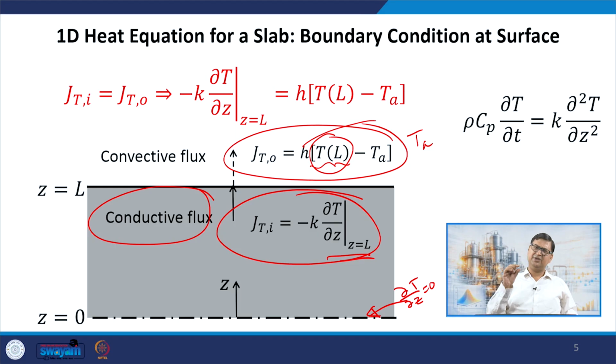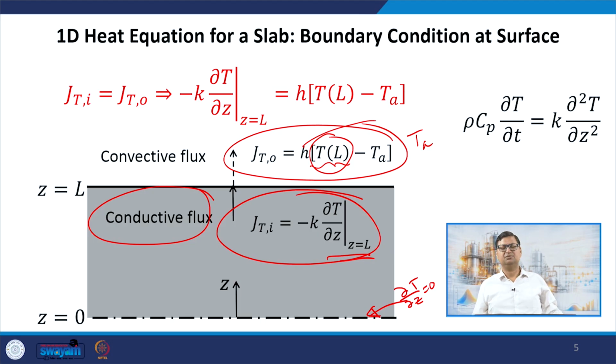So there is going to be a small region of influence near the slab, for which you will see the effect of the fact that the slab is hot, but far off from it the temperature is ambient. So let us say the bulk temperature is Ta and the surface temperature is, let us say, T defined at L, then T minus Ta becomes the temperature difference between surface and the bulk.